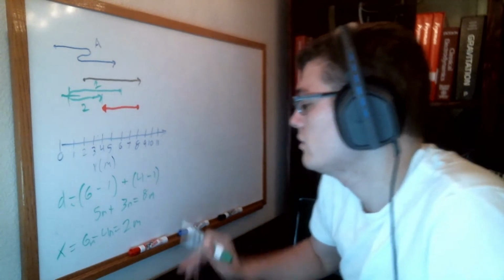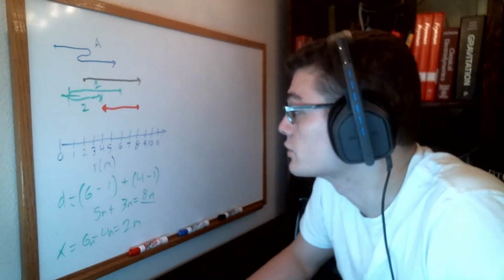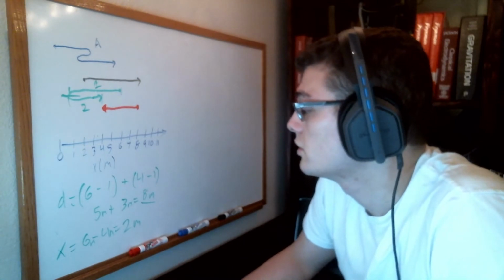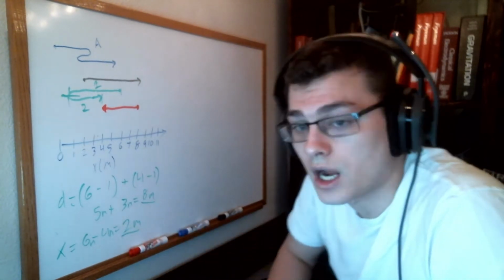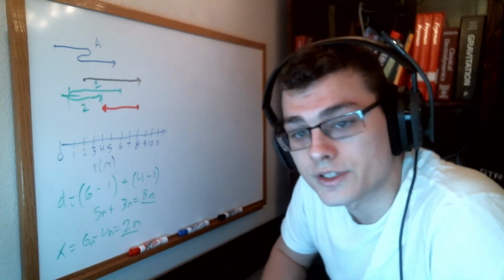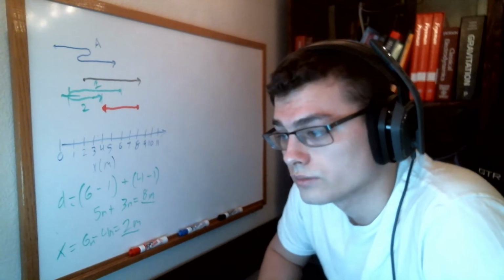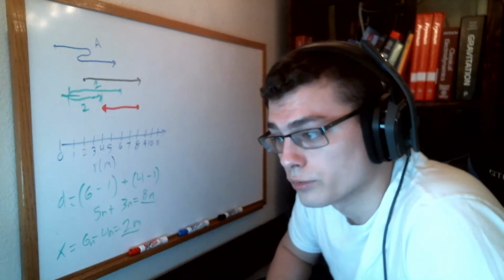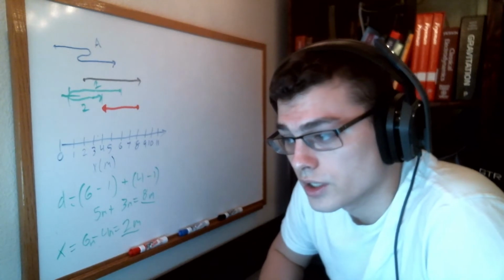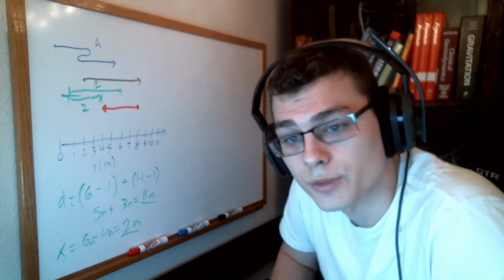So now while we traveled 8 meters total, that's the distance we walked. Well, we only actually got 2 meters away. So if you're going for, say, a run around the block, or around your township or wherever you live, if you end up in the same place that you started in, then your displacement is 0.